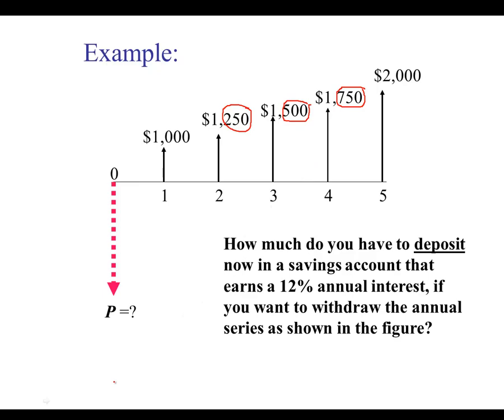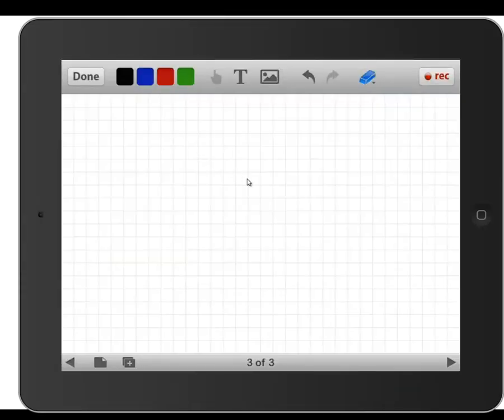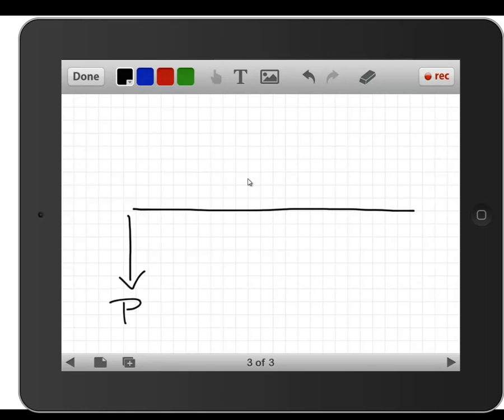Now let's see how this could be solved. In this example, we have the following payments, and at time 0, I want to find the present worth.